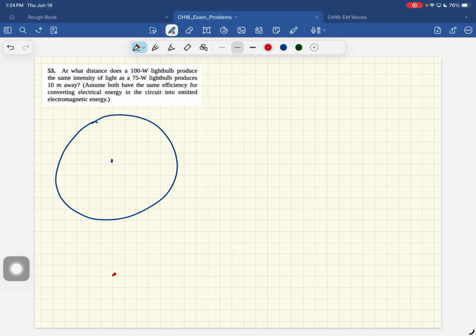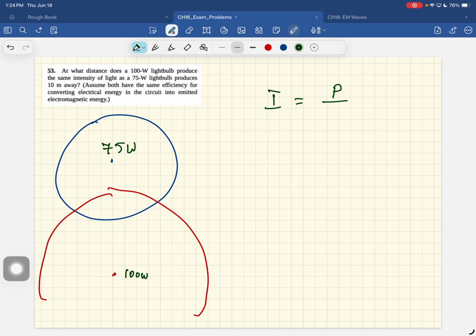So if you're standing here, in 1 second, 2.5 millijoules will pass you, and the length is c. So the energy content in 1 meter is 2.5 millijoules divided by c meters.